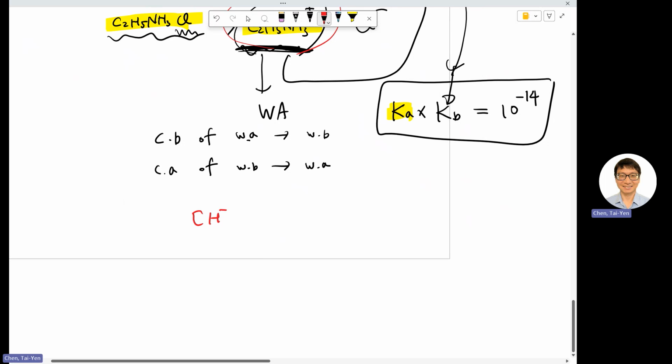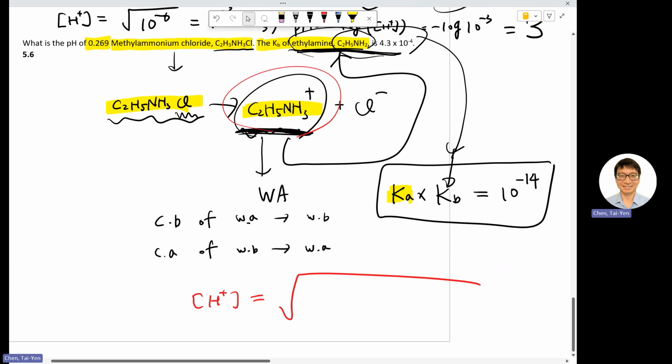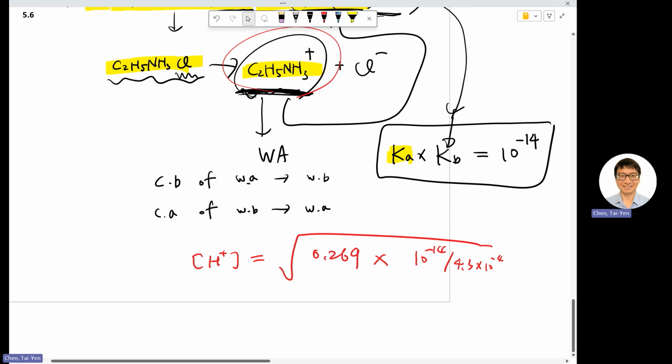Because the proton concentration of a weak acid is simply the square root of your acid concentration, 0.269, times Ka, which is 10 to the negative 14 divided by 4.3 times 10 to the negative 4. This is how you calculate your proton concentration.